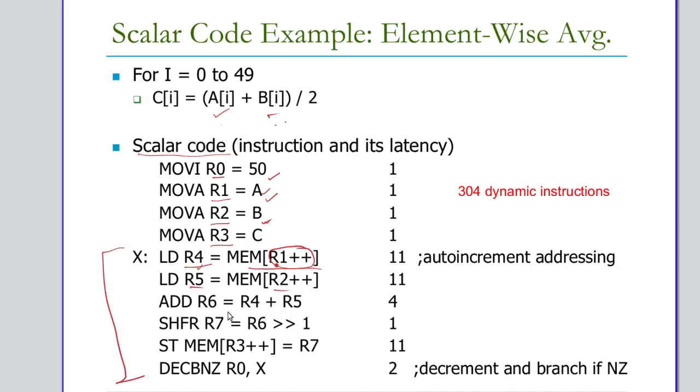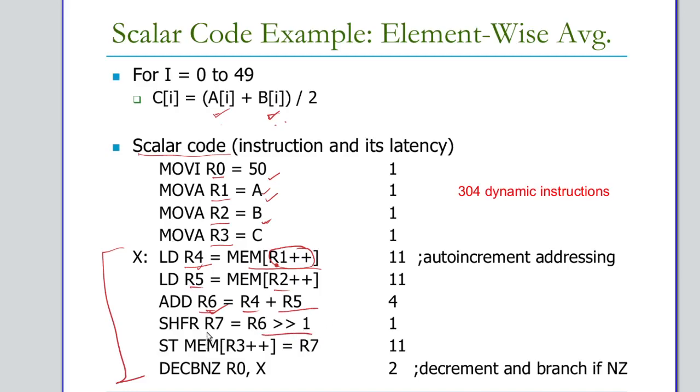Then in R6 you are saving the summation of R4 and R5. In R4 you had the first element of A, and in R5 the first element of B. So these two values are added and stored in R6. Now this R6 is shifted. If you are performing a right shift, it means you are dividing it by 2.